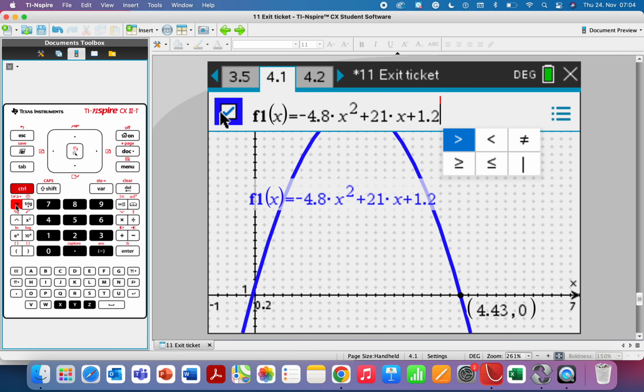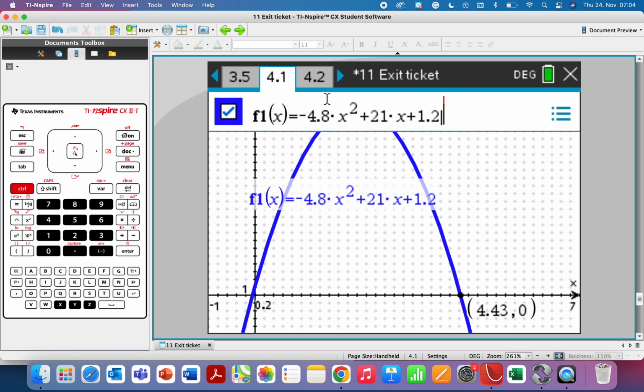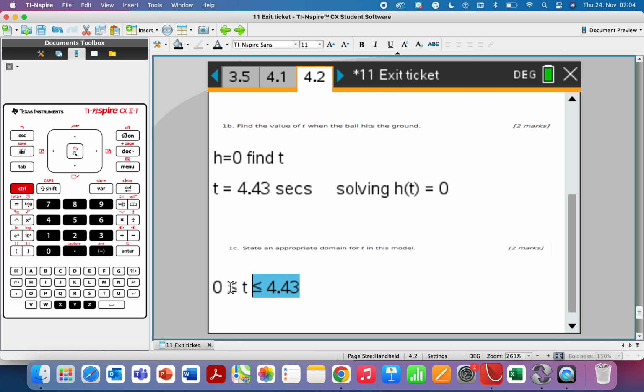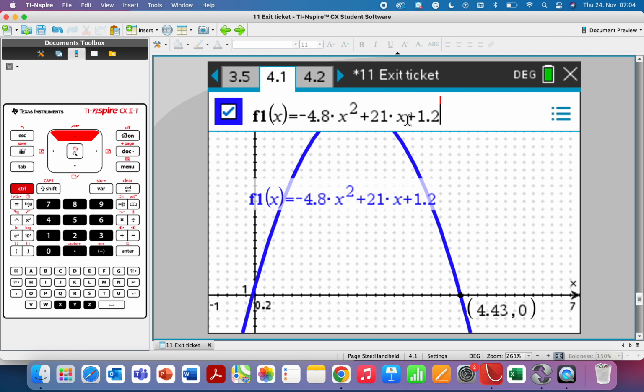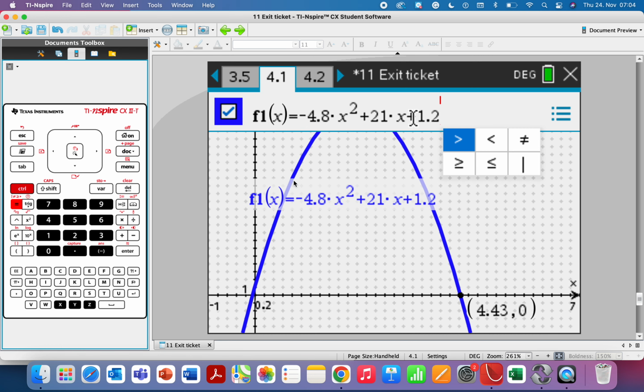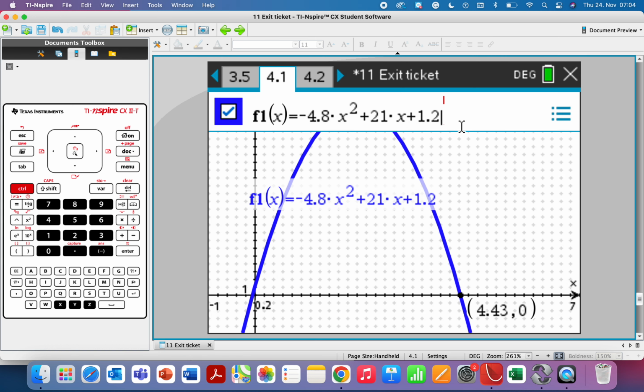So Control, this one, equal to, and I'm just going to copy across this. You would have to maybe type it up on your machine. That's all right. Control given that, and then type in the domain, change that to x.